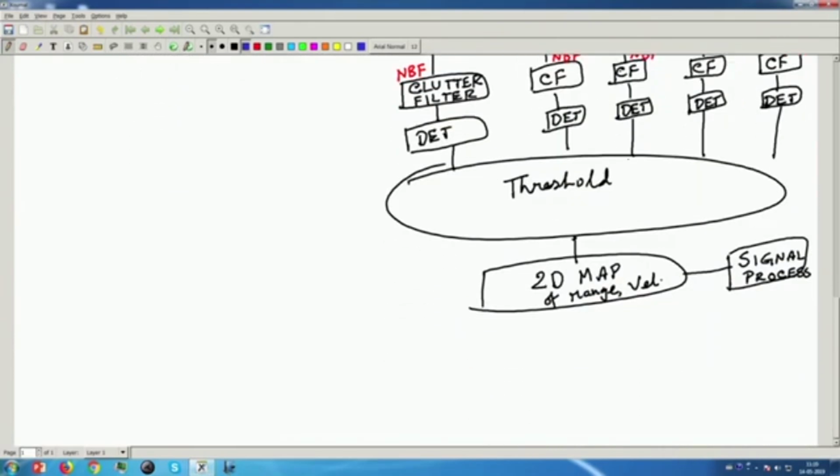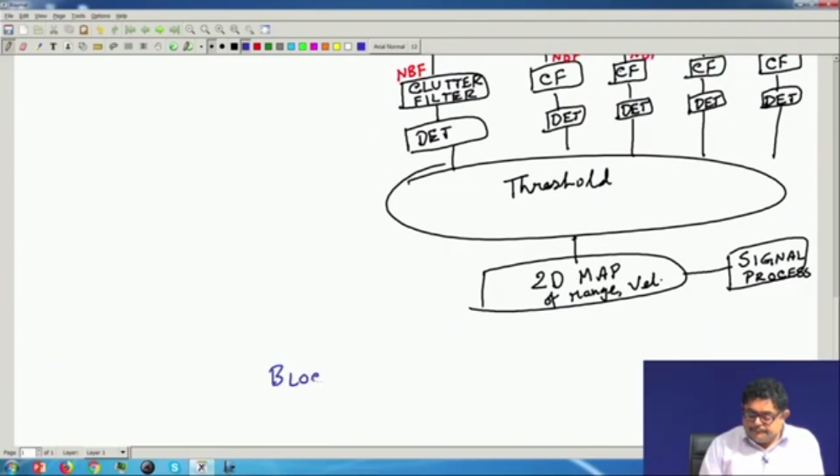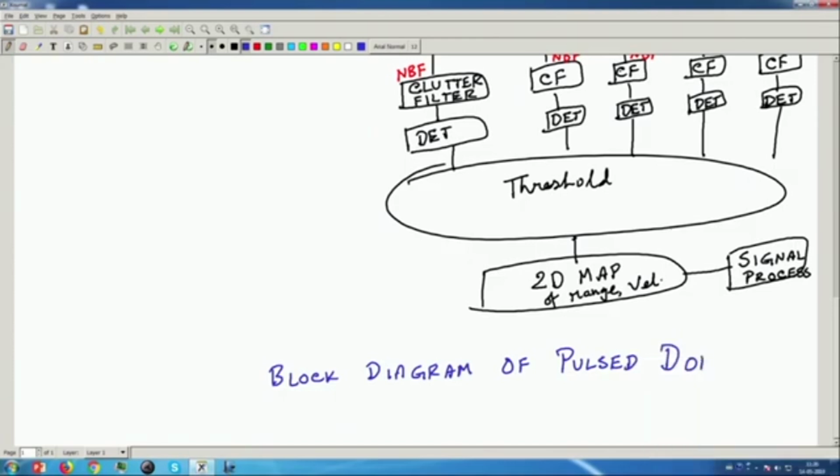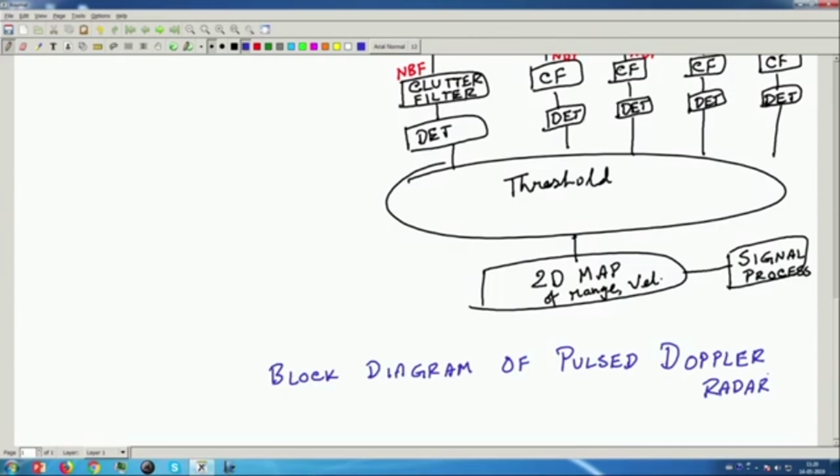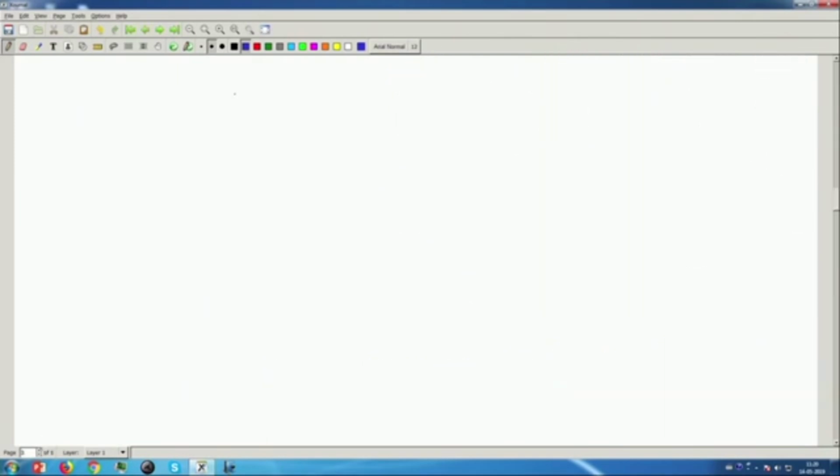This is the complete block diagram of pulsed Doppler radar. So, what are the salient features of this, or in which way this is different from the earlier MTI radar diagram, that let us see, that difference.